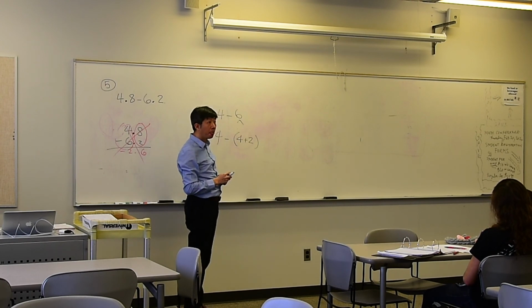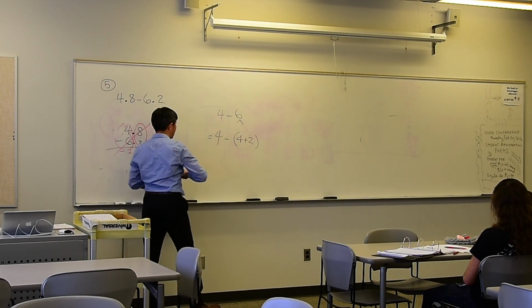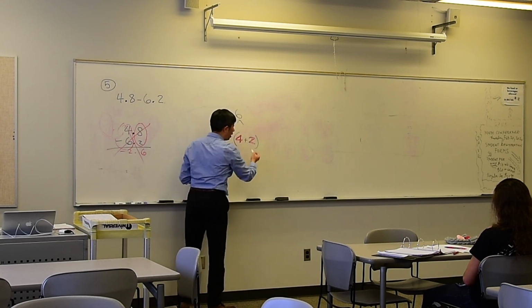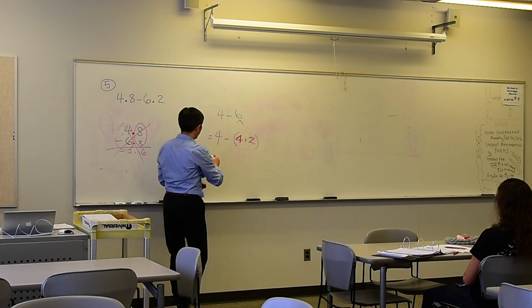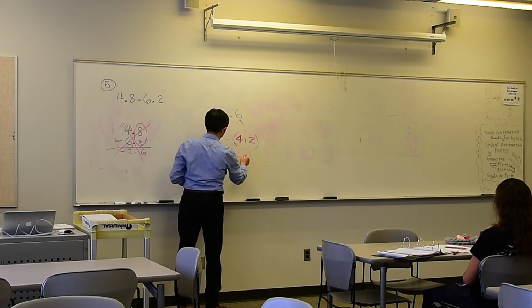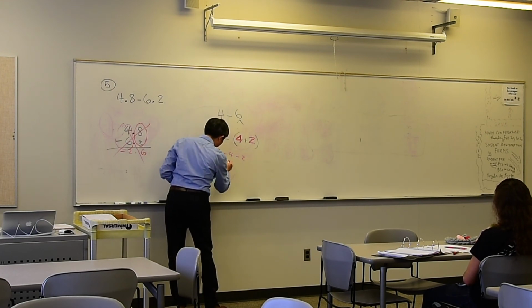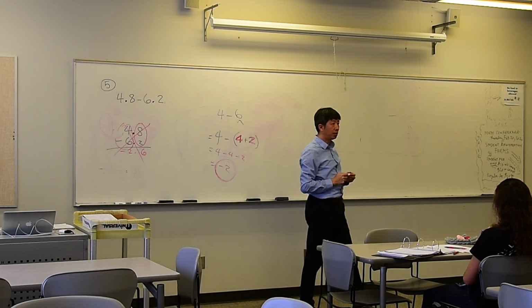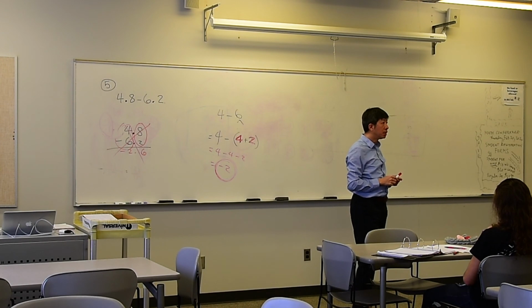For the 4, I have enough. And for this one, I don't have enough, right? So therefore, I have 4 minus 4 minus 2. That's why I don't have $2 enough for this. Does that make sense? All right, good.